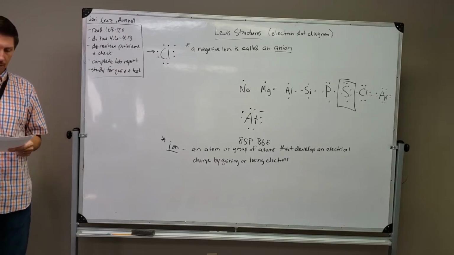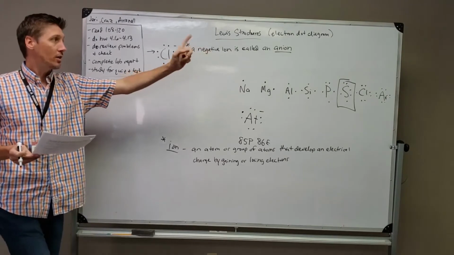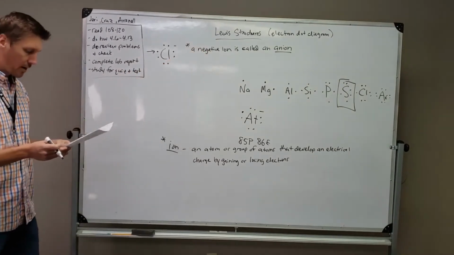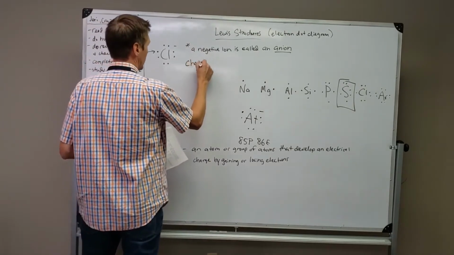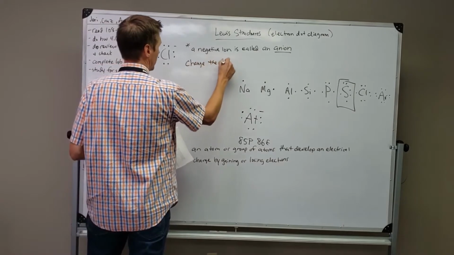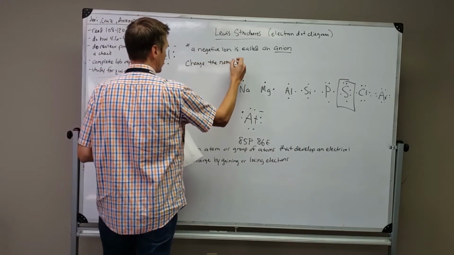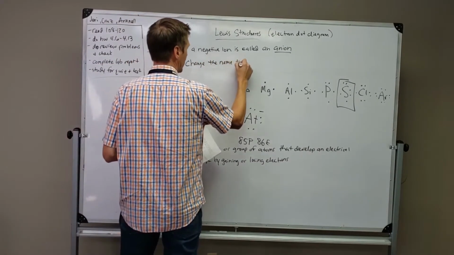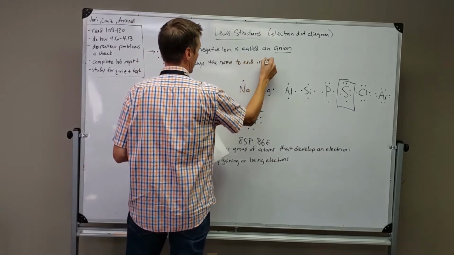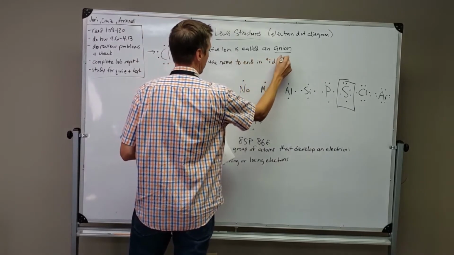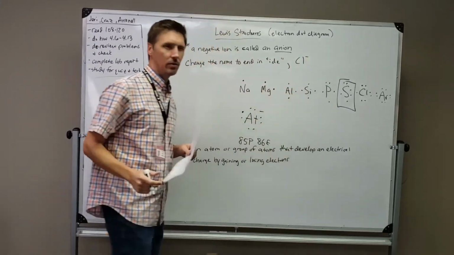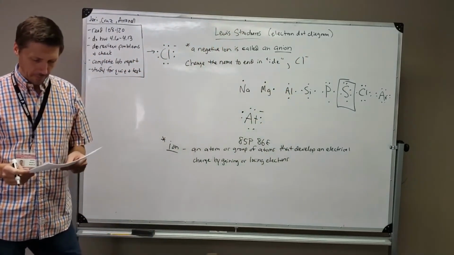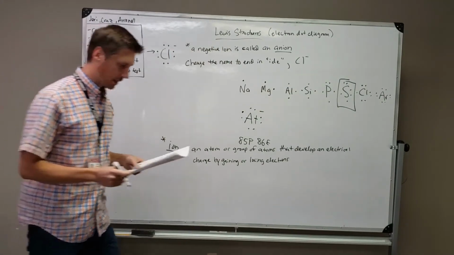All right? So a negative ion is called an anion, and with negative ions, you change the name of the element to end in -ide. So Cl minus, that's how you would write it in a chemical equation.